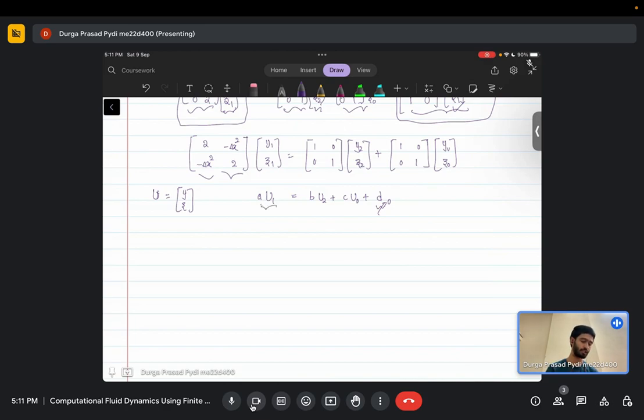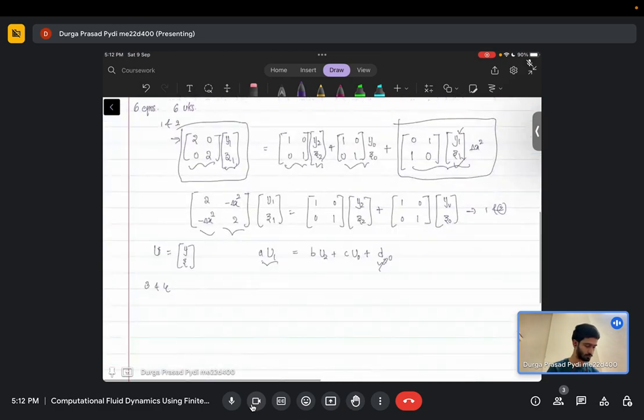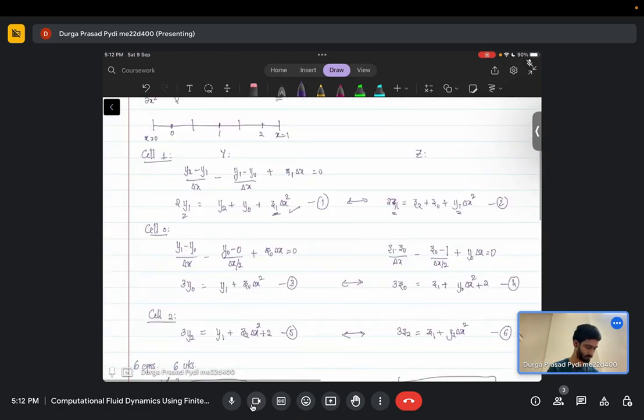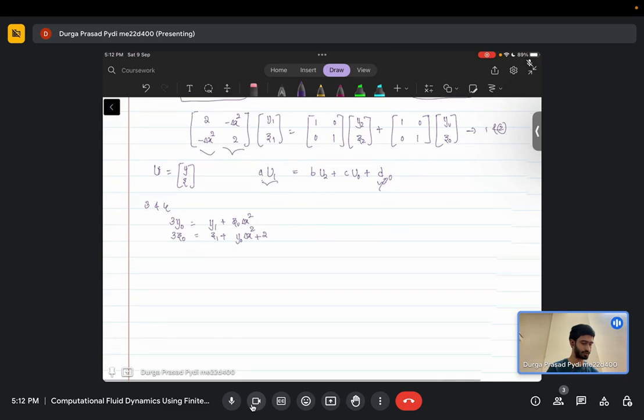In a similar fashion we can write the other equations. This is for equations 1 and 2. Now if we write for equations 3 and 4, these are my 3 and 4. It is again straightforward.